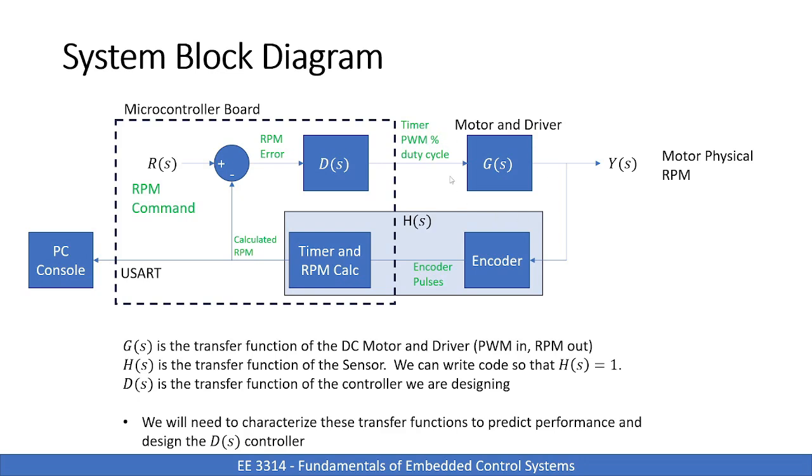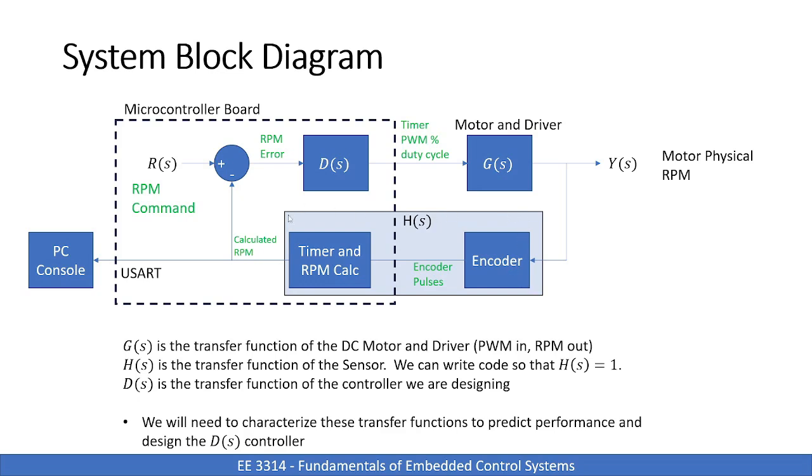You should be starting on deriving the parameters for this motor and driver. I think that was T sub K sub M and T sub G, if I'm not incorrect. Then we talked about how that gives us some physical RPM response, and we're using the encoder to measure that RPM.